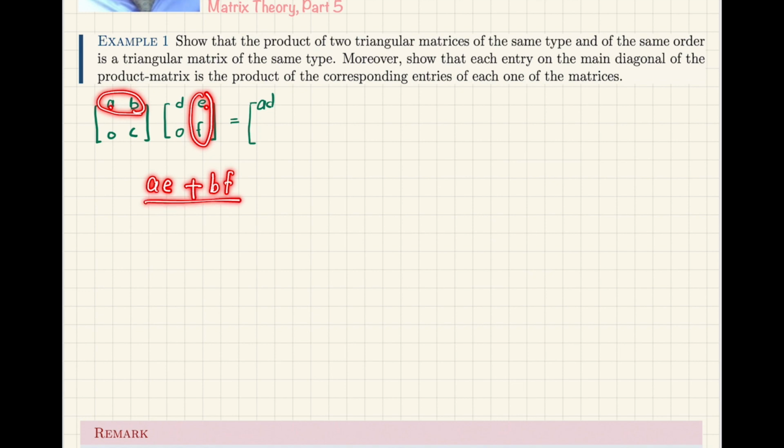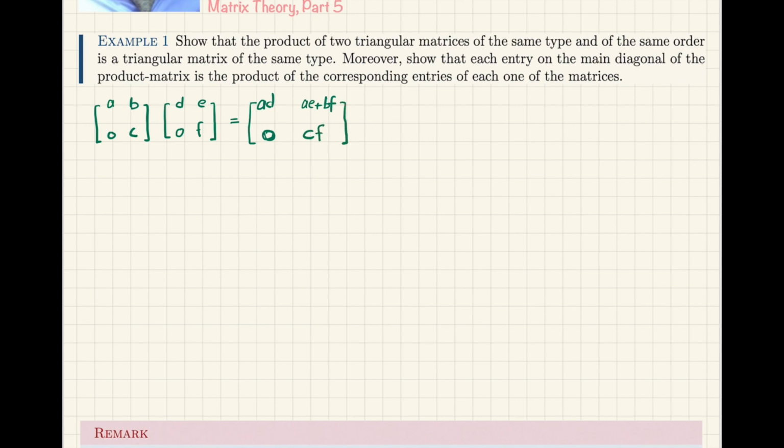So this becomes AE plus BF. Then I take this row and multiply it by this column: 0 times D is 0, 0 times 0 is 0, so if I add them, it becomes 0. And finally, you can immediately convince yourself that this becomes CF.